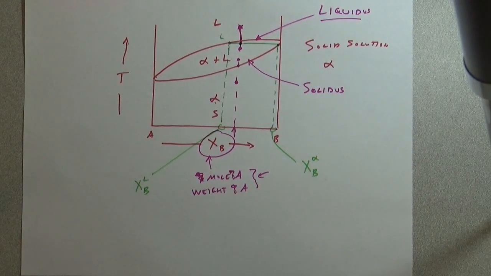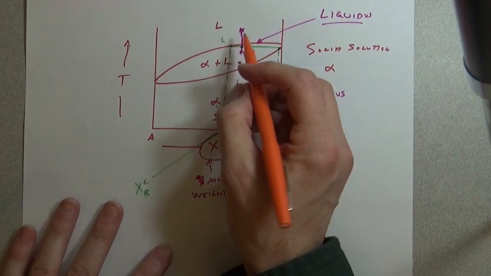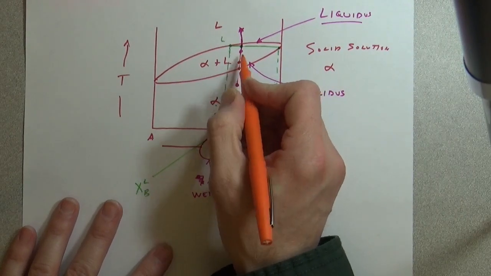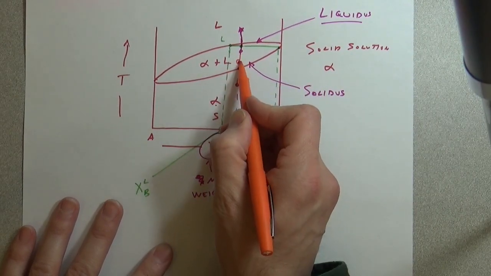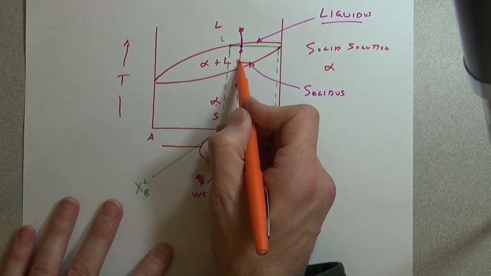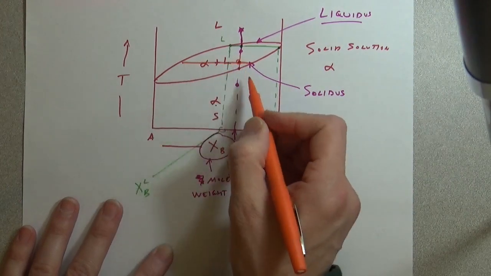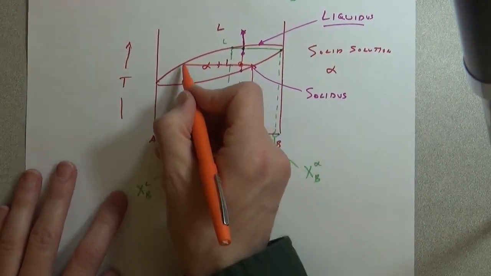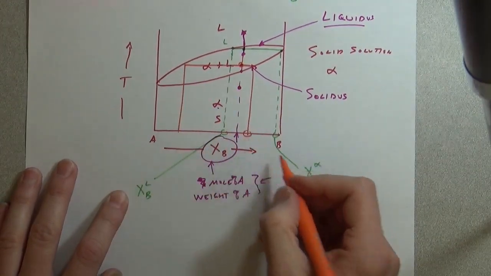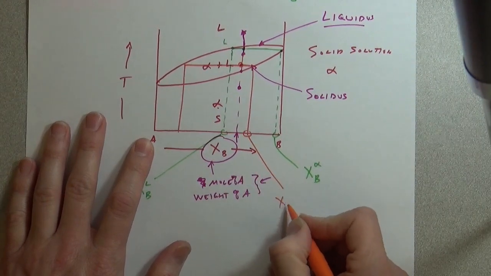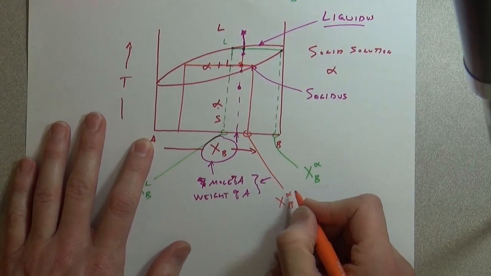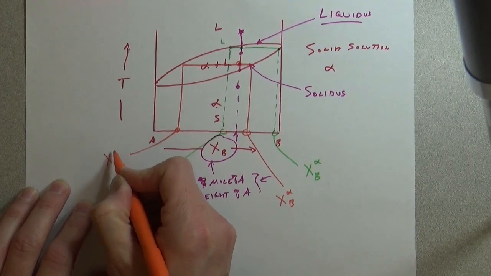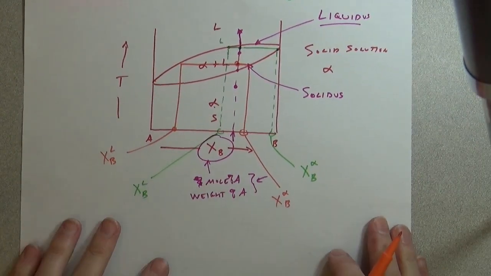The kind of interesting thing is that as we cool, for example, say we come down to this point, well, now if we draw our tie lines in, compositions have changed. This is XB alpha, and that is XB liquid.